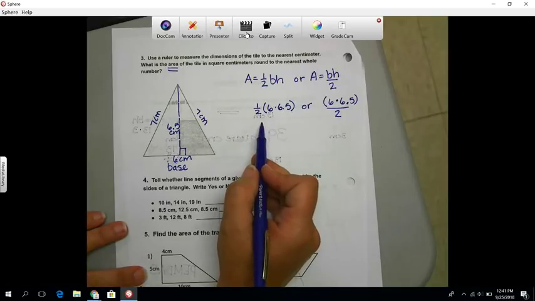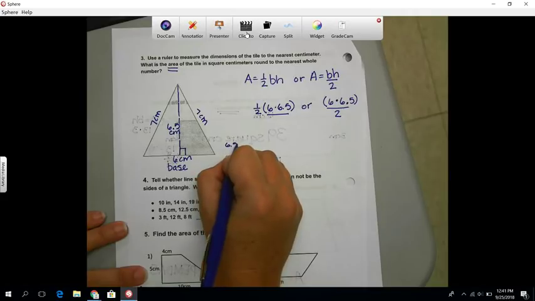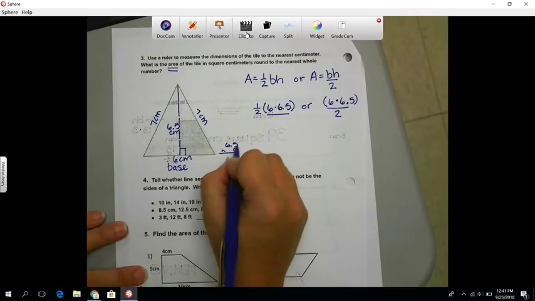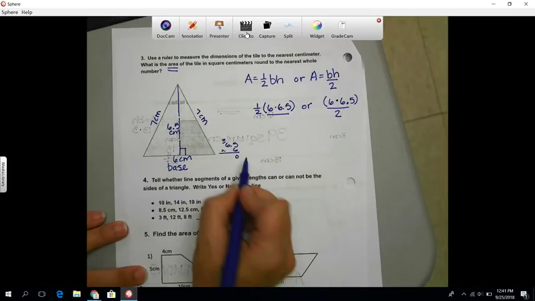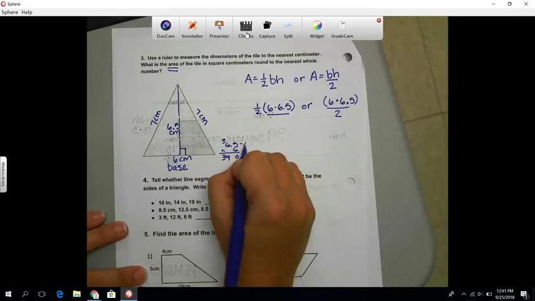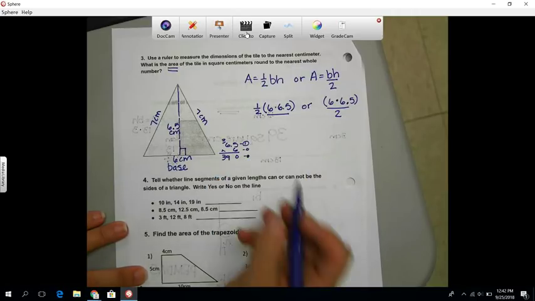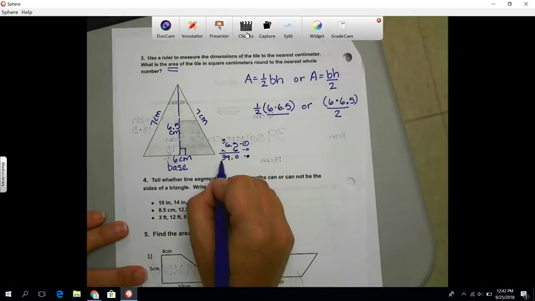Okay? So now we're ready to multiply. 6.5 times 6, that would be 30. 36 plus 3 would make 39. We have 1 digit behind my decimal, so that means I'm going to have to move it once to the left, so that's going to give me 39.